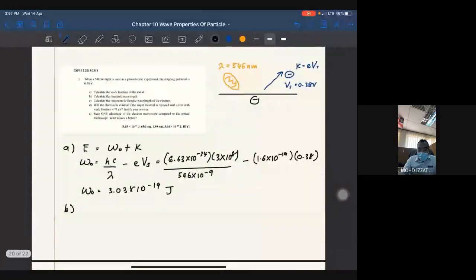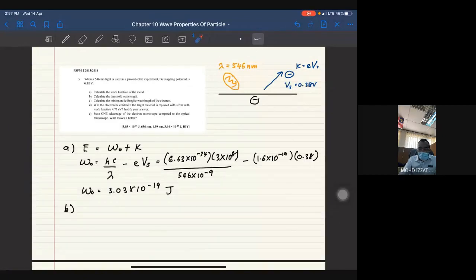Okay. Threshold wavelength tu datang dekat mana? Dekat yellow ke? Dekat black ke? Dekat blue? Threshold. Black. Yes, dia datang daripada material yang bawah ni. Okay, now, W naught that you calculated just now, does this represent yellow, black or blue?